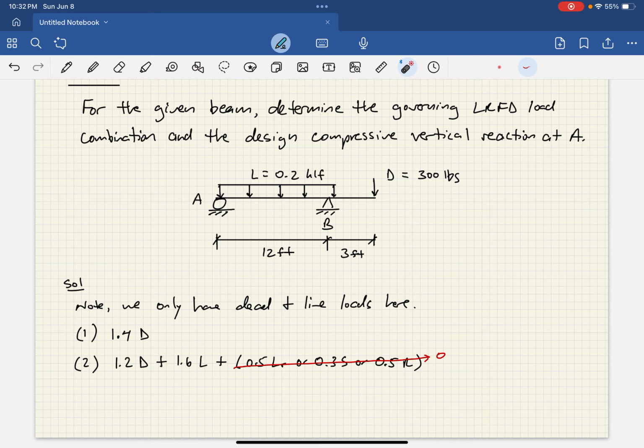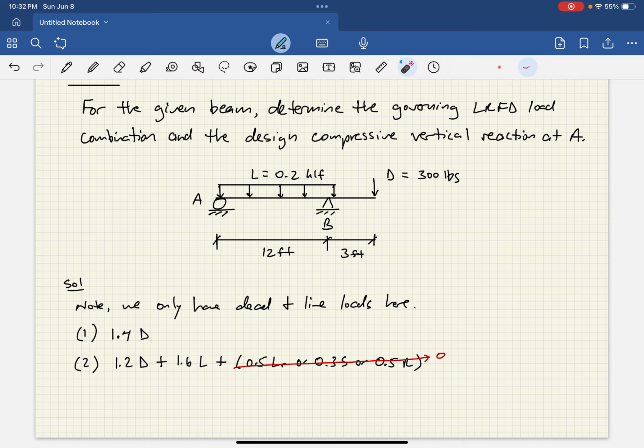Now, what about load combo 3, 4, 5, so on for LRFD? Well, if you look at the rest of the load combinations in ASCE 7, or maybe you have a textbook open with you too, none of the rest of them are going to be applicable because we only have a dead and a live load.